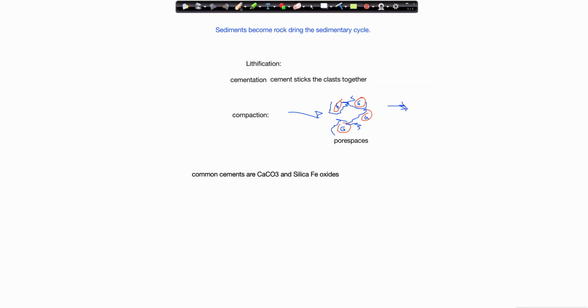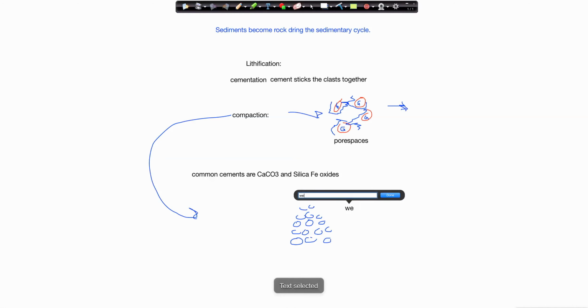The second process, compaction, is when you have grains. Eventually, as things are being deposited, you get the weight of the overlying grains compacting the lower grains. So basically, this weight is going to cause these to compact and they'll become closer together.